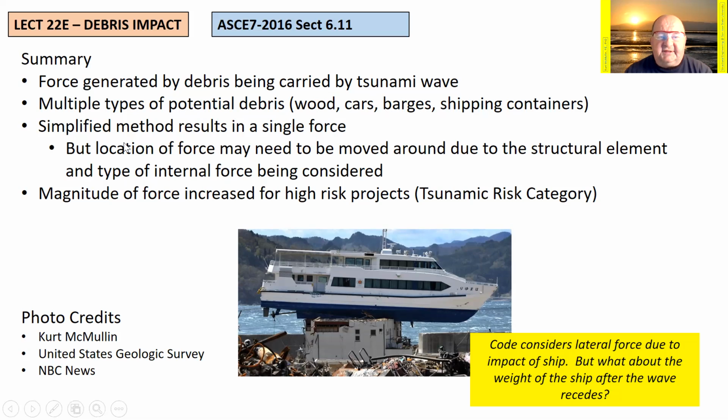The code allows us a simplified method, which is a short calculation to a single force. But as engineers, we need to consider there may be multiple locations that force needs to be applied, depending upon what I'm trying to determine the design characteristics for the structure. And similar to the hydrodynamic forces, the magnitude of that force needs to be increased based on the risk category. Thank you very much.